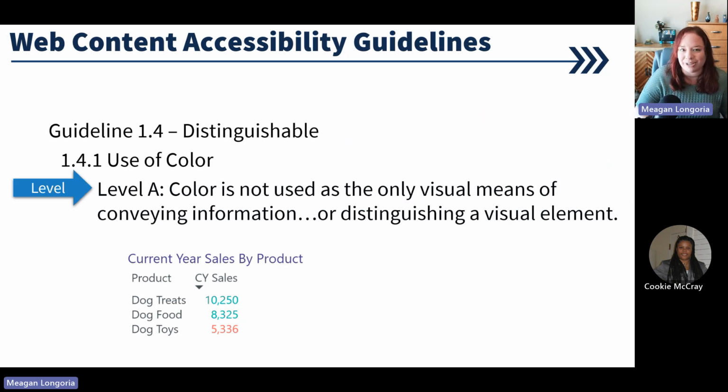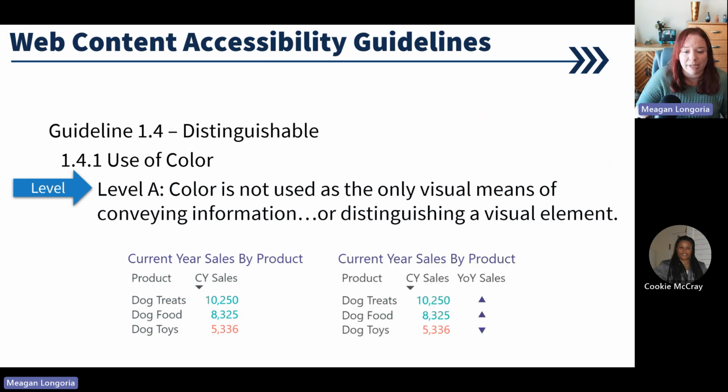So dog treats and dog food, our sales are greater than the prior year, but dog toys have sales lower than the prior year. A person with color vision deficiency or color blindness might not be able to tell the differences in colors, especially if they need to know specifically that red is lower and green is higher, not just that the colors are different.